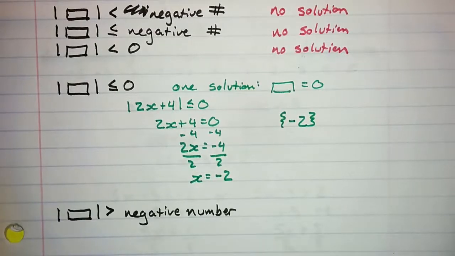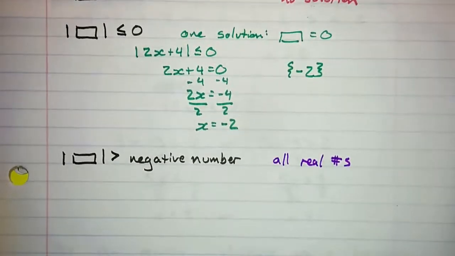What about greater than? What if we have an inequality that tells us that an absolute value is greater than a negative number? Well, the absolute value of everything is either a positive number or 0, so it's always bigger than any negative number. In this case, we have all real numbers are solutions.